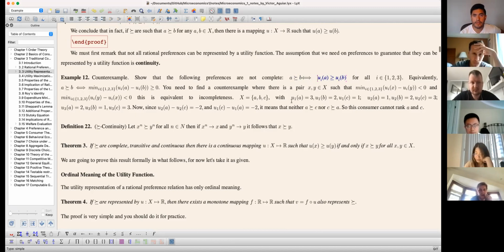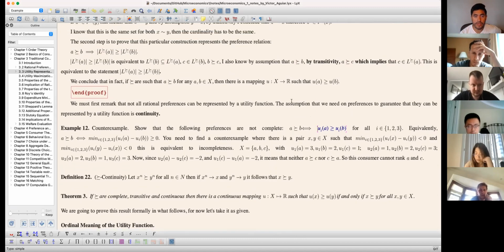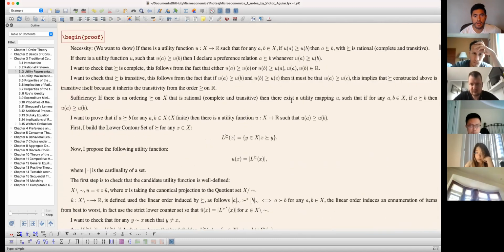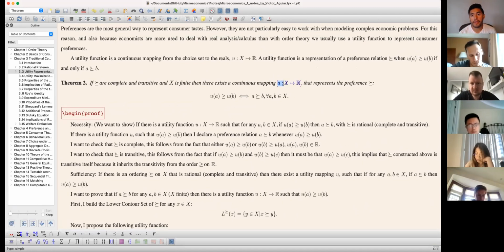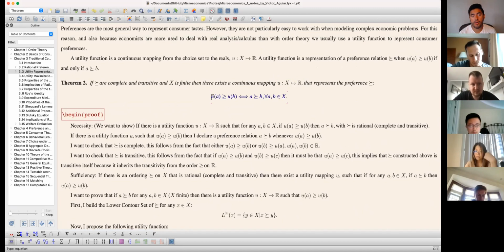Completeness and transitivity essentially amount to having a unique criterion, as we remember from the representation theorem. So if you have a mapping U such that U of A greater than or equal to U of B if and only if A is preferred to B, then this preference relation has to be complete and transitive, okay?